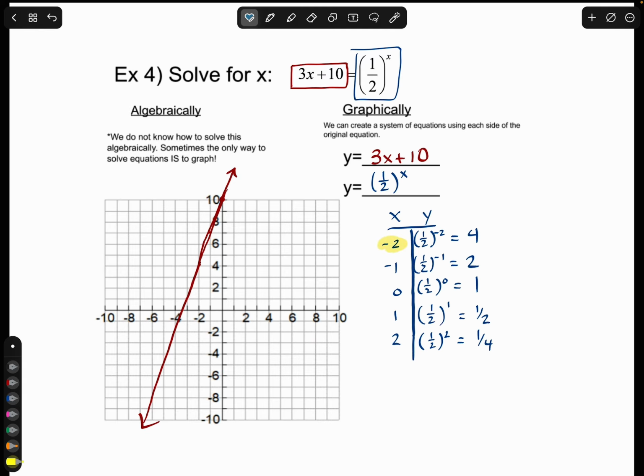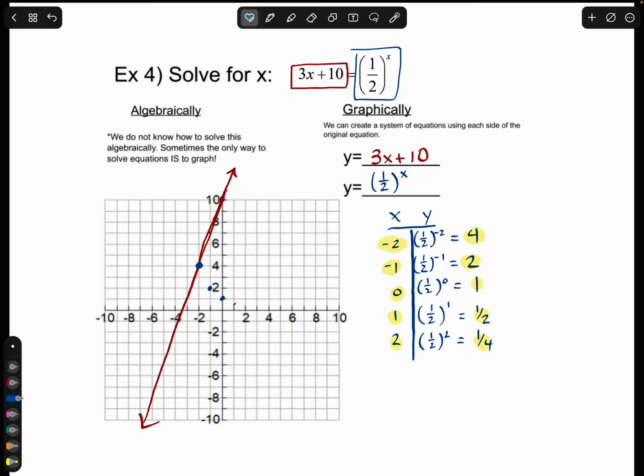Let's plot those on here first. So I have a point at, when I'm looking at this, -2, 4, -1, 2, 0, 1, 1, 1/2, and 2, 1/4. Oh, look, there's an intersection already.